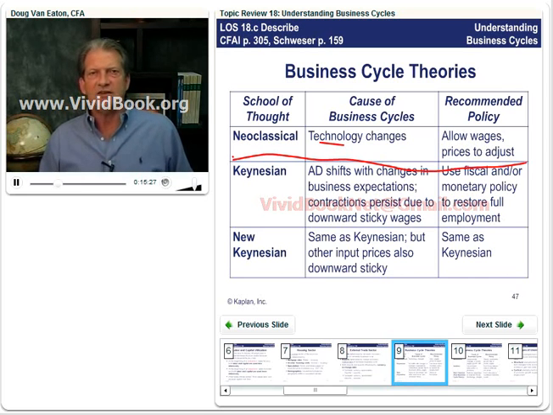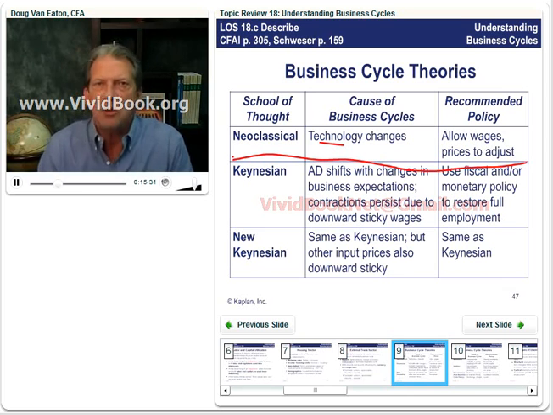Well, what about the Keynesians, and who is Keynes, and what's going on with these next two, Keynesian and new Keynesian schools of economic thought? Well, Keynes's work, remember, was motivated by the Great Depression in the U.S. in the late 20s, early to mid-30s.